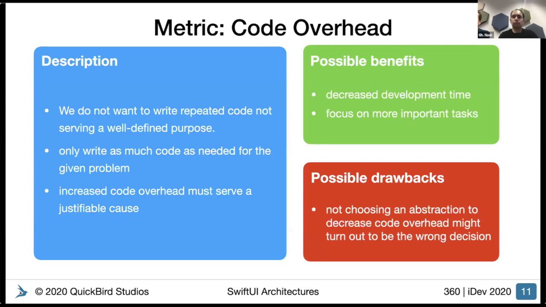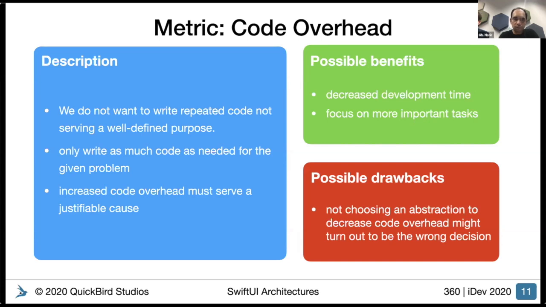We only want to write as much code as is actually needed, and in case we add code overhead, it must serve a justifiable cause. We need to have a benefit from this code overhead. By reducing code overhead, we have the benefit of decreased development time, because we don't need to develop that long if we don't need to write unnecessary code, and we can focus on more important tasks.